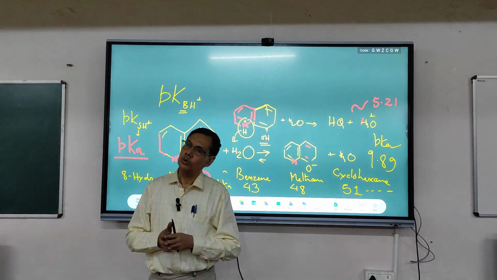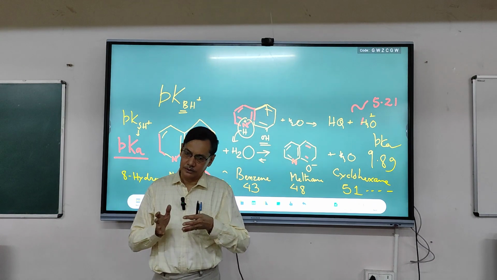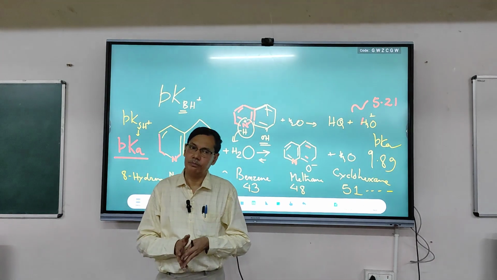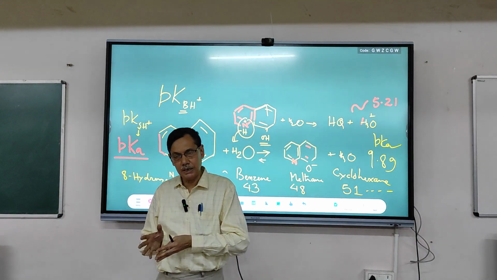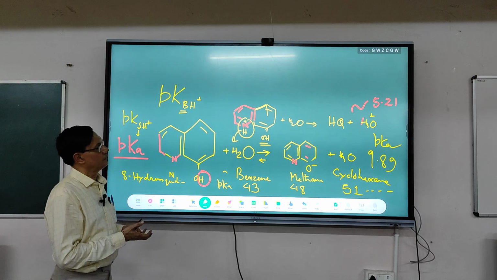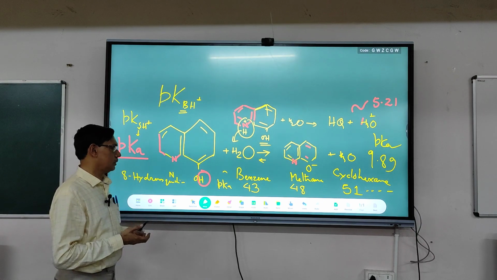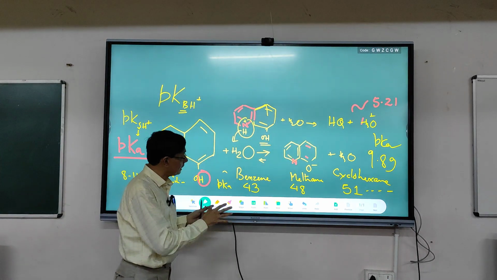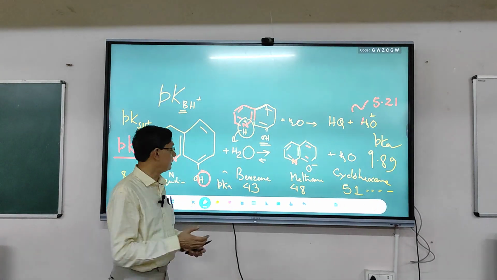So you must know the different values of pK, and the calculation of pK and pKbH. There is a possibility of an objective type question also, and it is a very common question for competitive examinations.